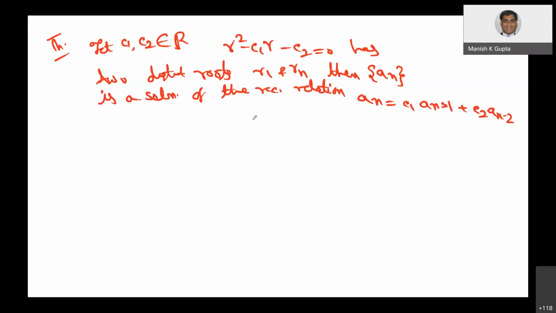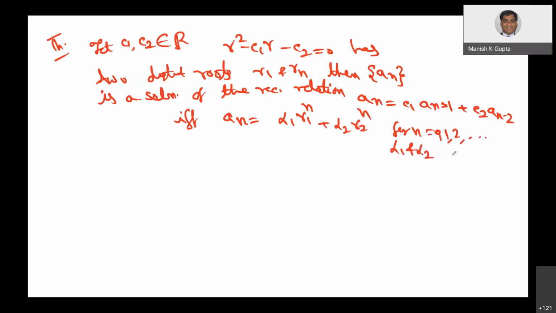So a_n is a solution of this recurrence relation if and only if a_n is of the form alpha_1 r_1^n + alpha_2 r_2^n, for n = 0, 1, 2, and so on, and alpha_1 and alpha_2 are constants.